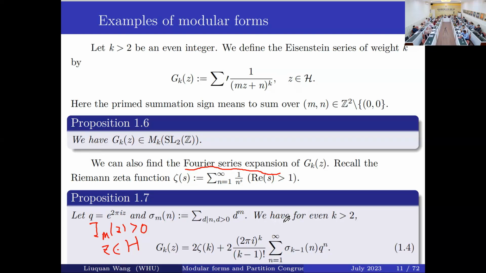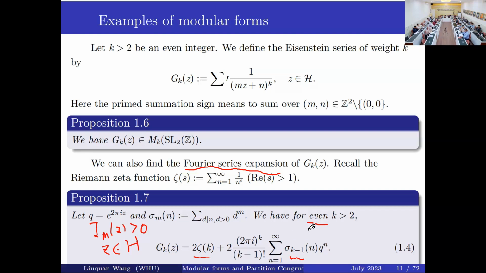That is, for k being an even number greater than 2, G_k(z) can be written as the constant term 2 zeta(k) plus 2 times a factor times a power series in q, where the nth coefficient is just sigma sub k minus 1 of n.